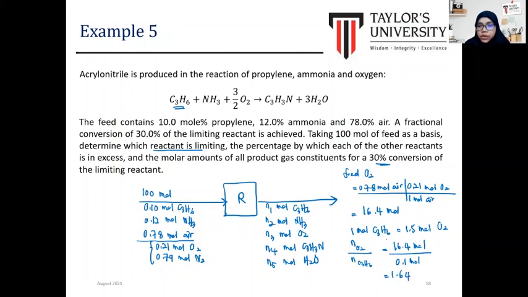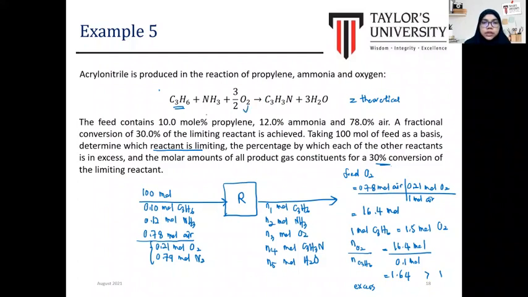Theoretically, we should have 1.5, so it is higher than that. So we can say that oxygen is in excess, because in the real process given here, we provide an excess amount of oxygen compared to what is required based on the theoretical stoichiometric pattern.